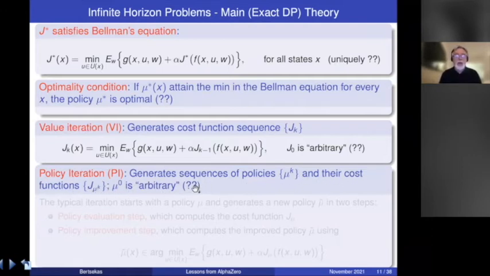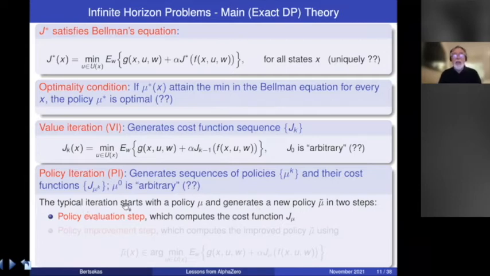The other major algorithm is policy iteration, which generates a sequence of policies, mu k, and their cost functions. Mu 0 is arbitrary. The typical iteration starts with some policy mu and generates a new policy, mu tilde. I'm going to be using these symbols a lot in this talk. Mu for current policy, mu tilde for the next policy.